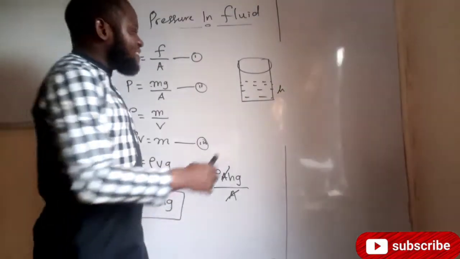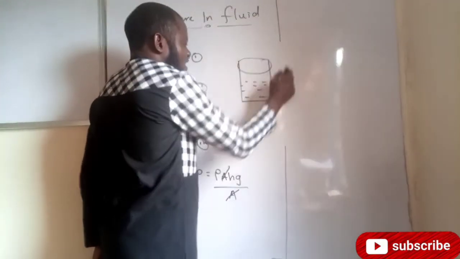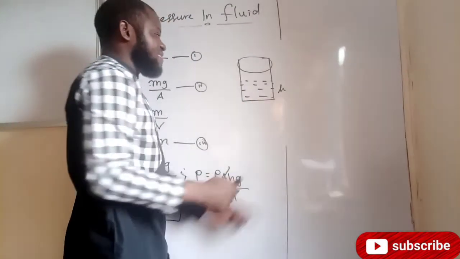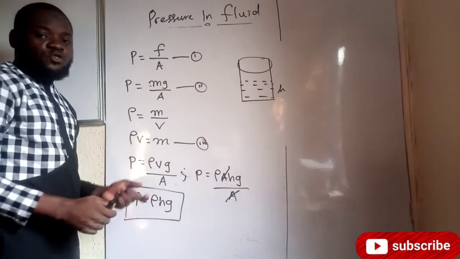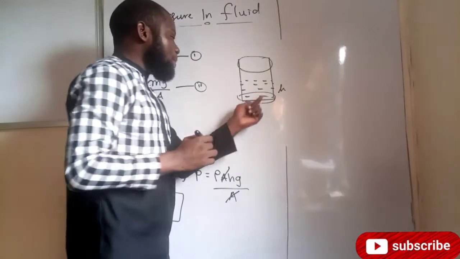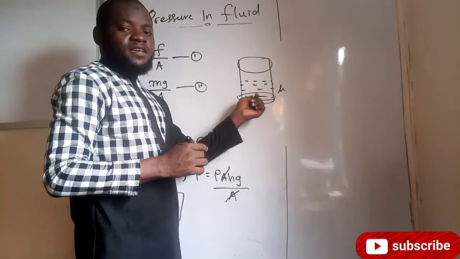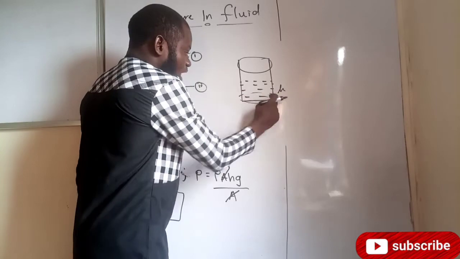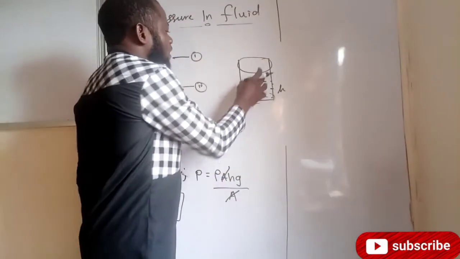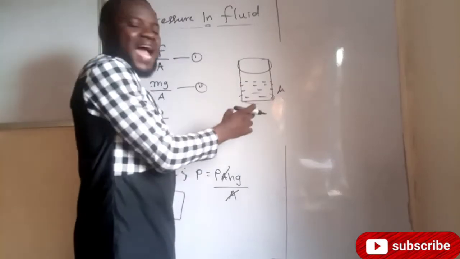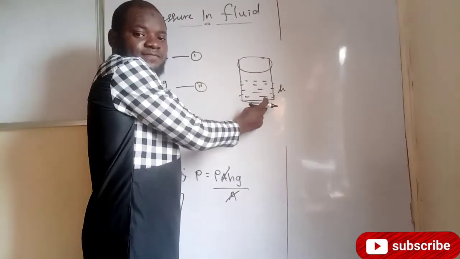Now you will see that as the depth of the liquid increases, pressure is said to increase. If you look at this region, the number of molecules that we have here, if I'm considering the pressure at this region, I have to consider the force that all these molecules are exerting on this place.